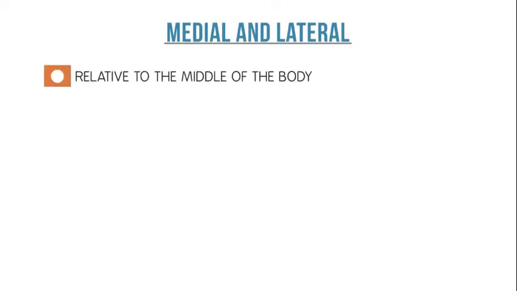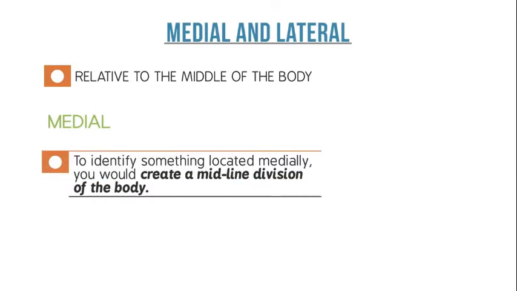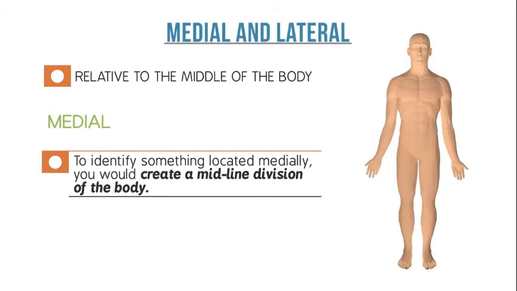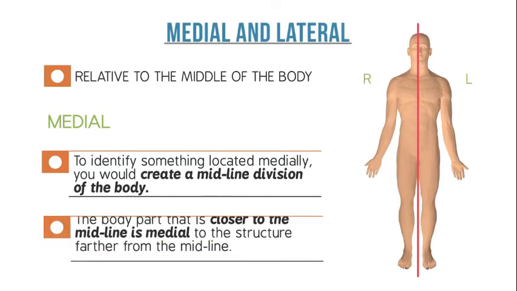Medial and lateral, relative to the middle of the body. To identify something located medially, you would create a midline division of the body. The body part that is closer to the midline is medial to the structure further from the midline.